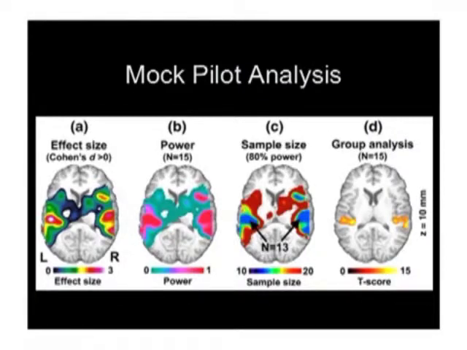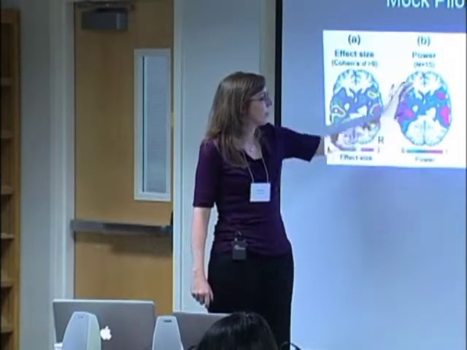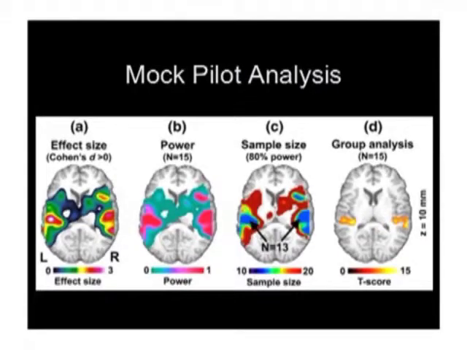You can see that the effect is stronger in the red areas and weaker in the blue areas. For this one, they selected a sample size of 15, and this is the power map. The power is higher where the effect size was larger. It's easier to detect big effects than small effects.